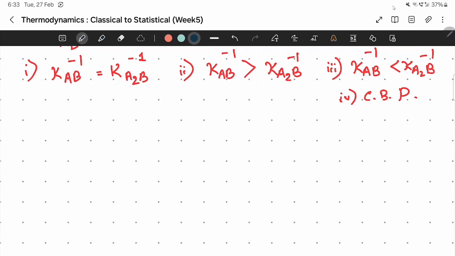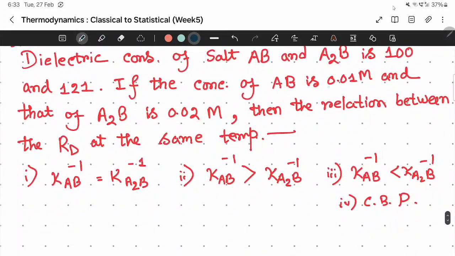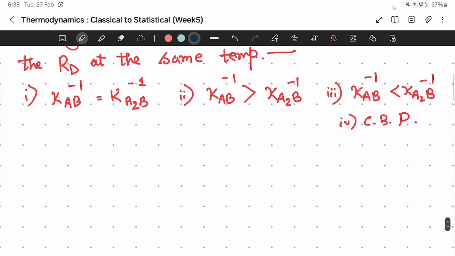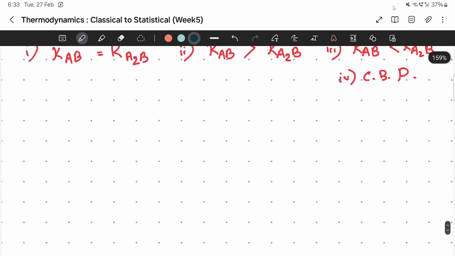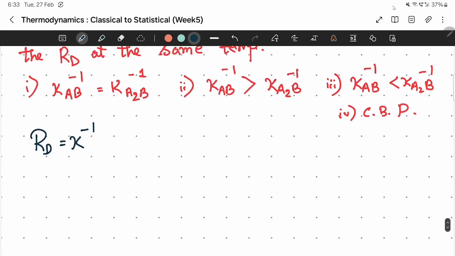So now we have to again find out. Here we have to remember that concentrations are given in molar, so that does not matter. We can also delete the molar. Now we know that RD is the kappa inverse, that is important. That's why everywhere it is written as kappa inverse.